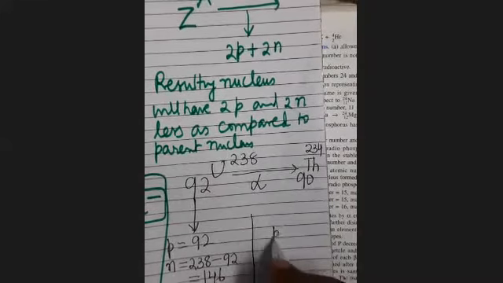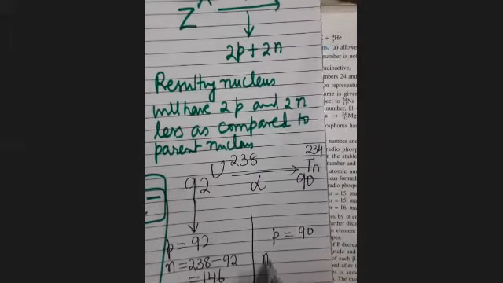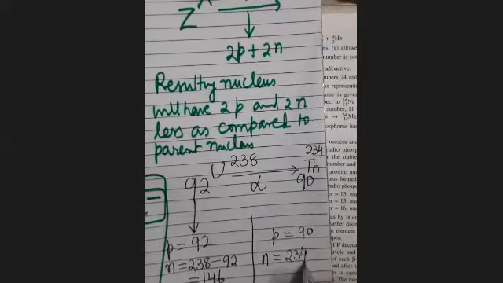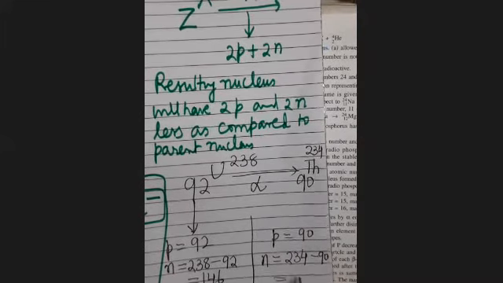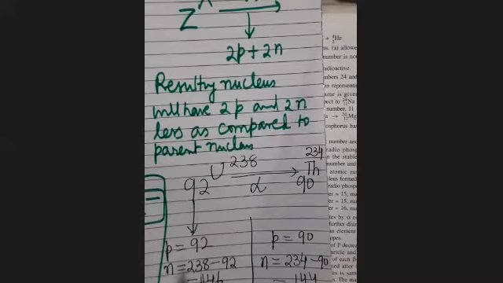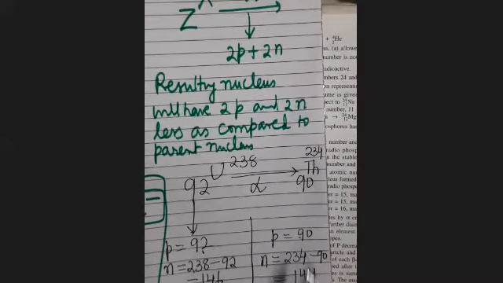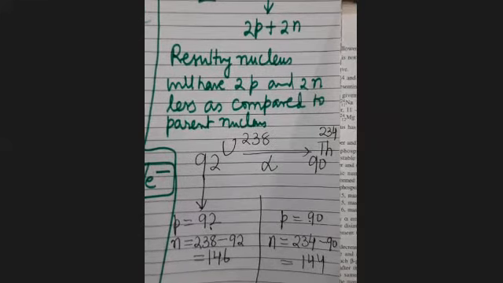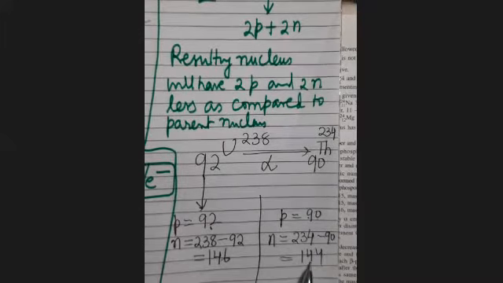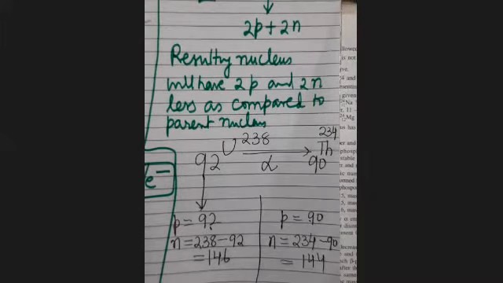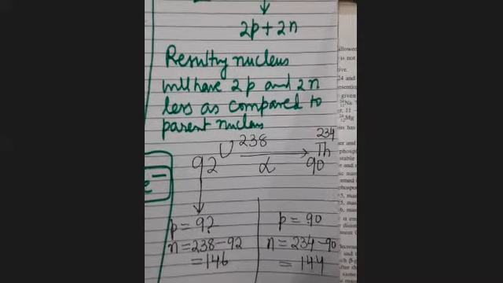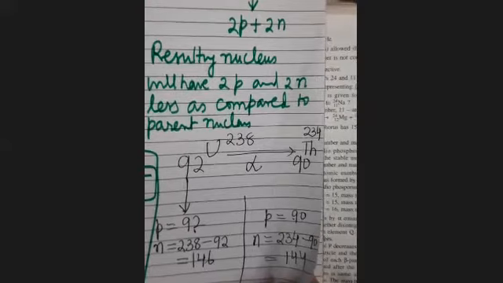Now, protons are 90 and neutrons are 234 minus 90, that is 144. So you can see that protons have decreased by 2 and neutrons have also decreased by 2. So when an alpha particle is emitted, protons will decrease by 2 and neutrons will also decrease by 2. This is the change.